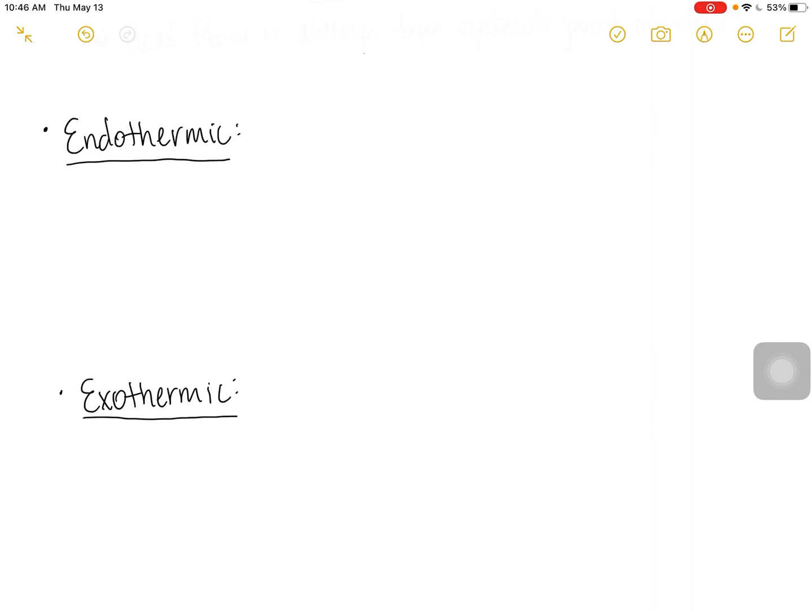Endothermic, you probably know that the prefix endo means into, all right? So in an endothermic reaction, the system or the reaction gains heat, into. So the system gains heat.